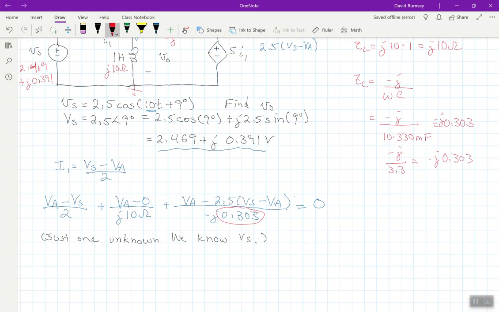Oh, so wait a minute. If I have 1 over minus j 0.303, that would be the same thing as saying 3.3 over minus j.